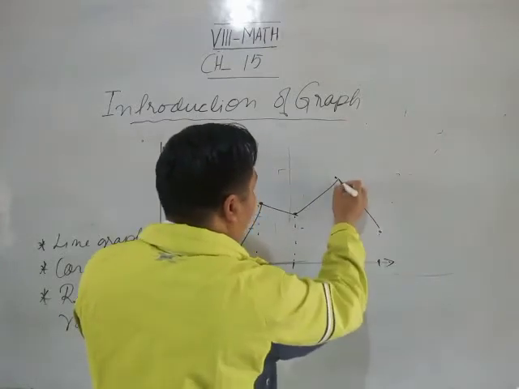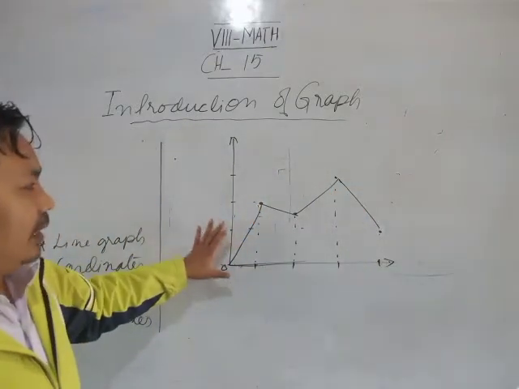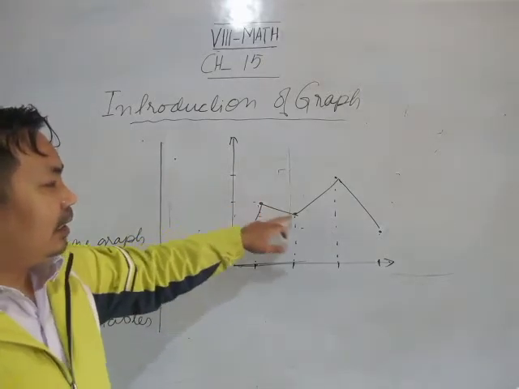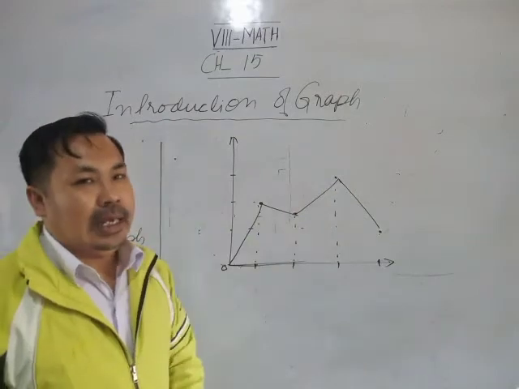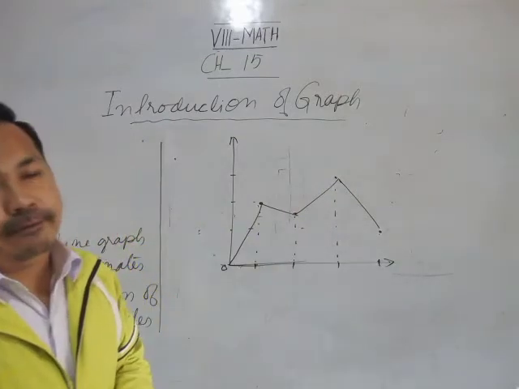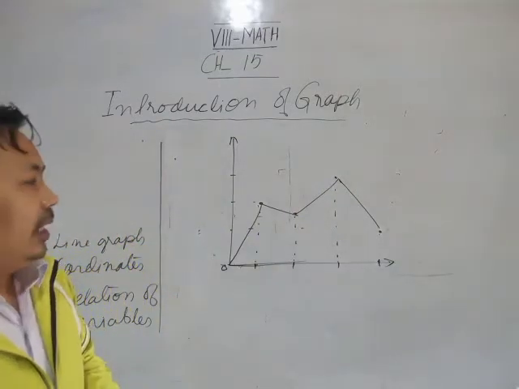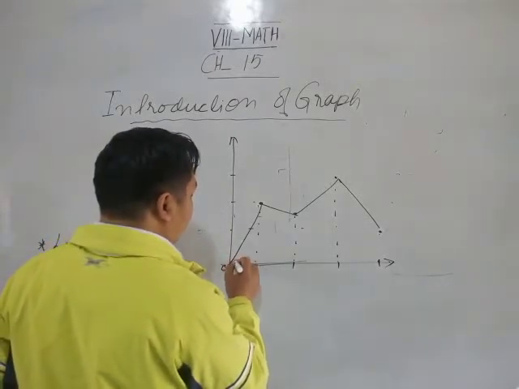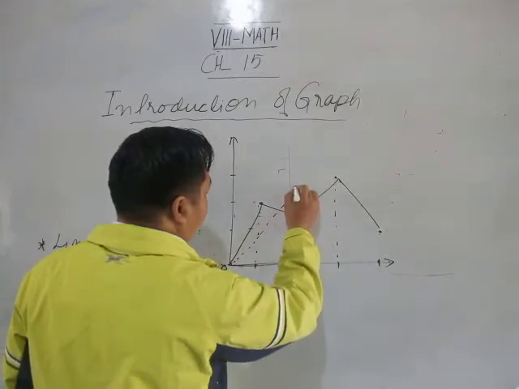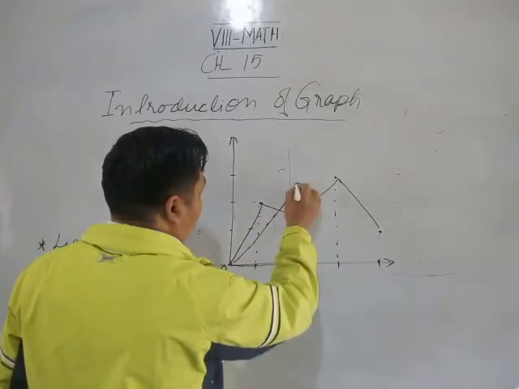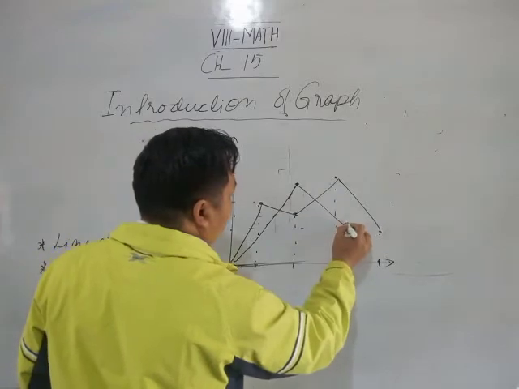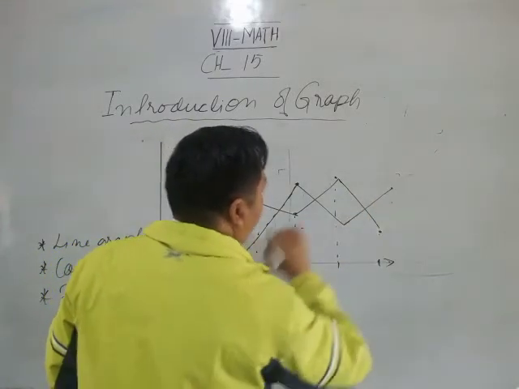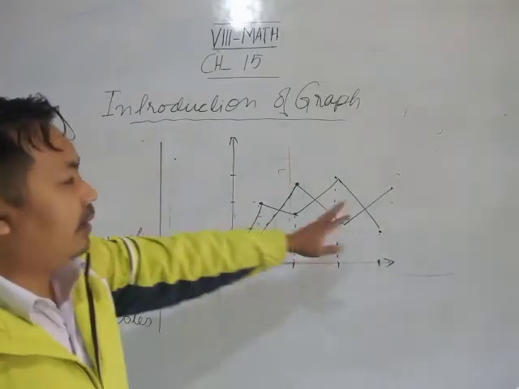Okay. You can see in this line graph that a peak is there, a valley is there, a peak is there, a valley is there. This kind of graph is called a line graph, and some more may also be there, with another color or another type of line.